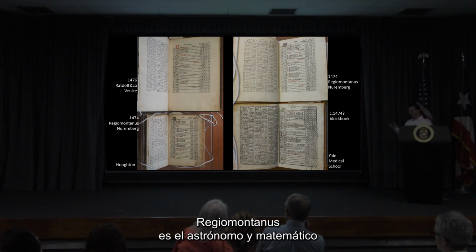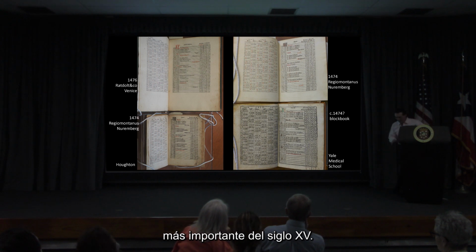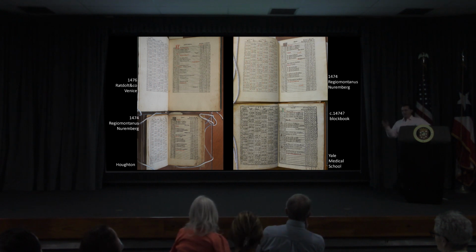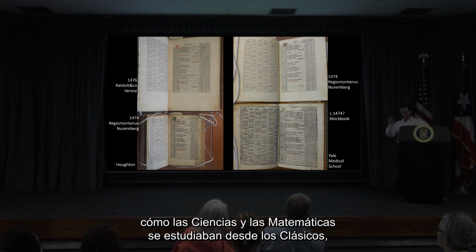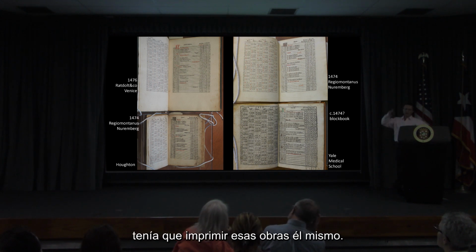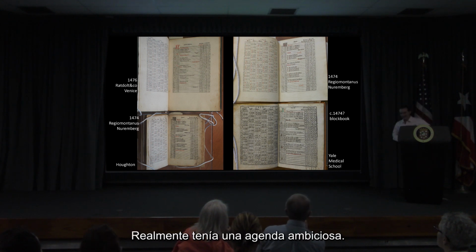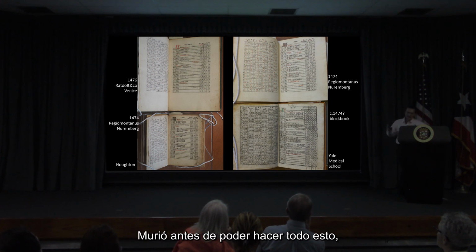Regiomontanus, the most important astronomer and mathematician of the 15th century. In the early 1470s, he realized that if he wanted to change the course of how science and mathematics were studied, going back to classics, he had to print those works by himself. And he really had quite an agenda. He died. He never quite got around to do all of this.